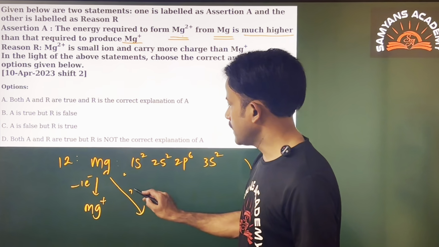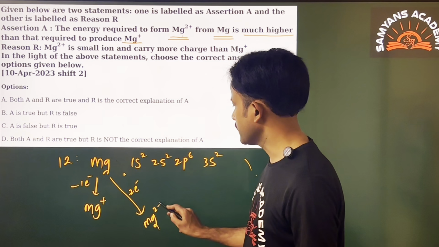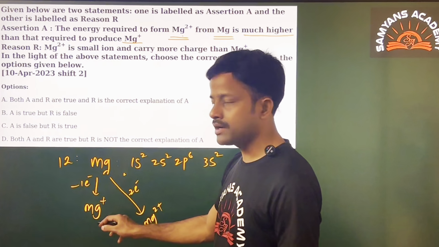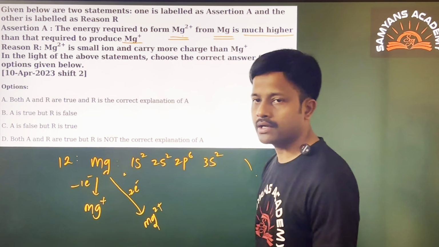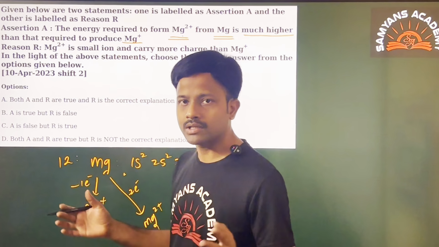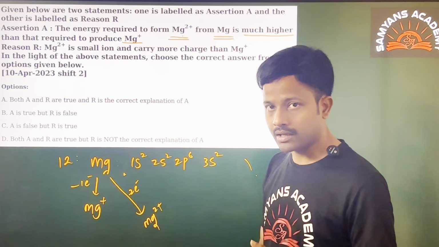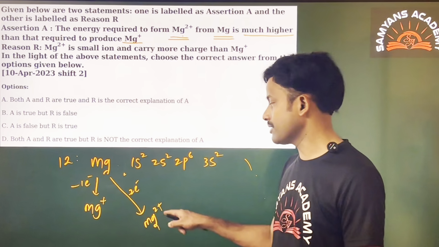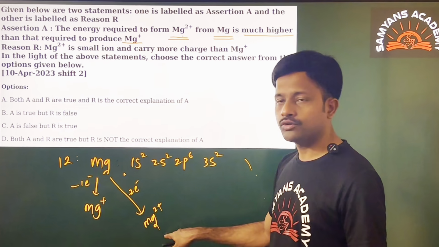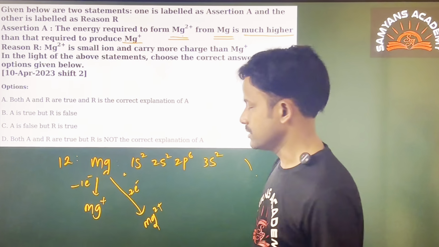Now when you remove 2 electrons directly from magnesium, it requires higher energy, so it will become magnesium 2+. Removal of 1 electron requires less energy, removal of 2 electrons requires more energy. Why? Because when you remove more electrons, the size decreases and stability increases. To remove the electron, we need more energy, meaning ionization energy values also increase. Magnesium to magnesium 2+ requires more energy; magnesium to magnesium + requires less energy compared to this.